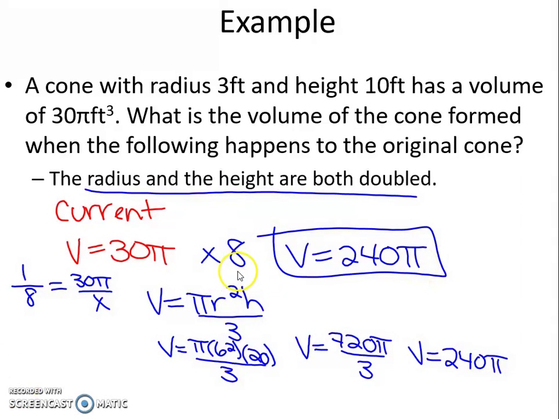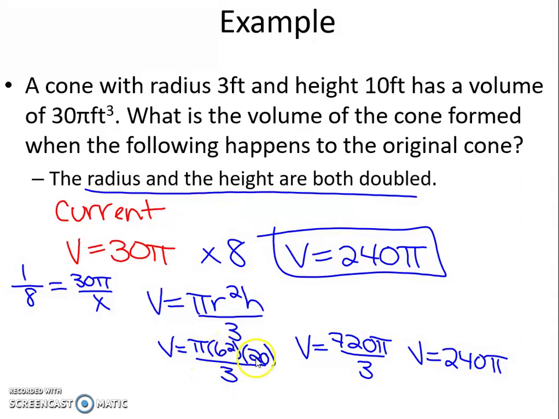And I can actually prove to you why it's 240 pi. Let's say I doubled this, right? 3 times 2 is 6, correct? So it's 6 squared. 10 times 2 is 20. So the formula is 1/3 pi r squared h, the volume of a cone. So pi times this divided by 3.